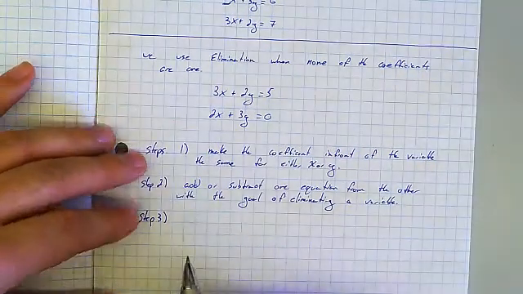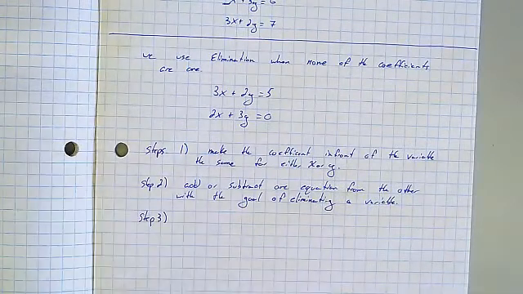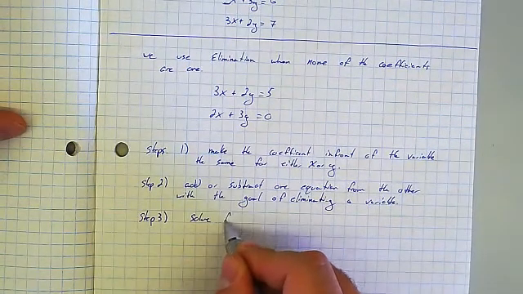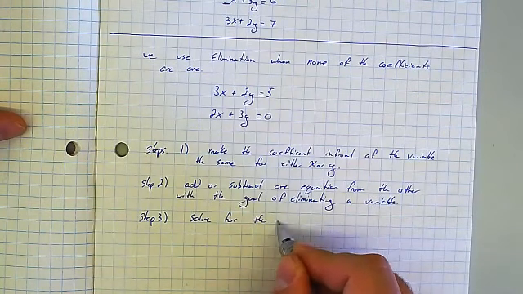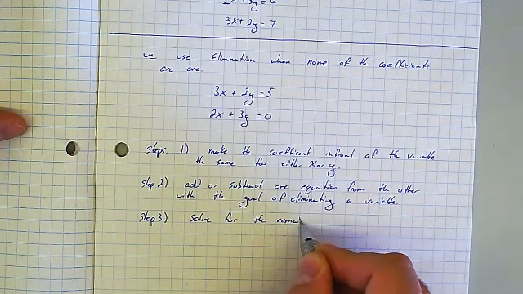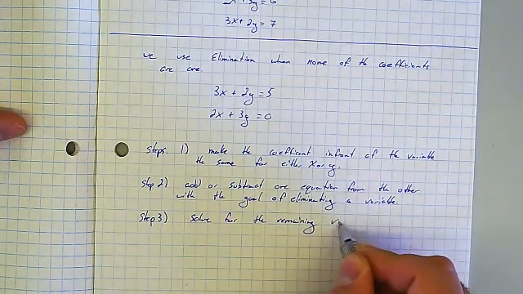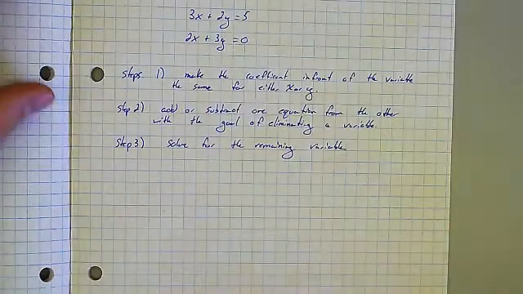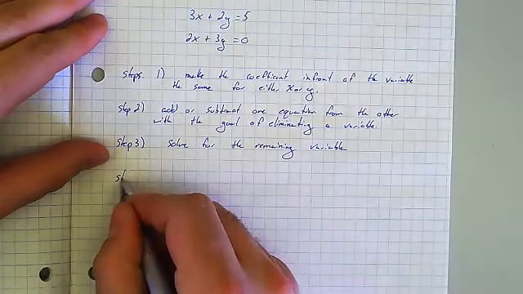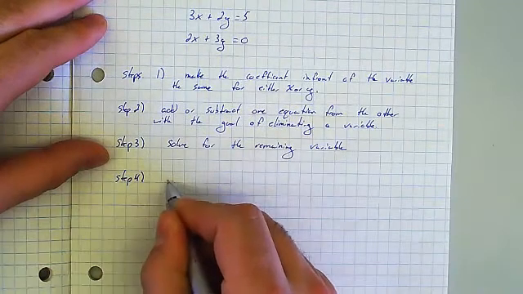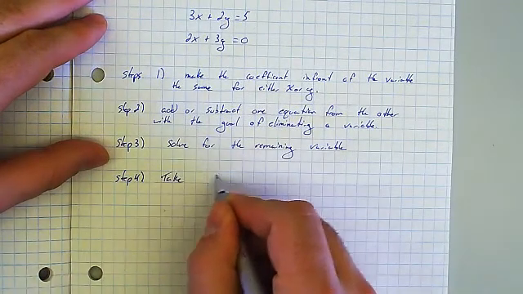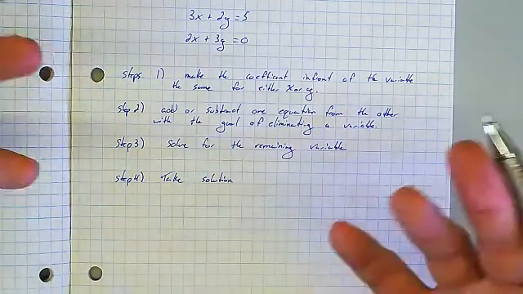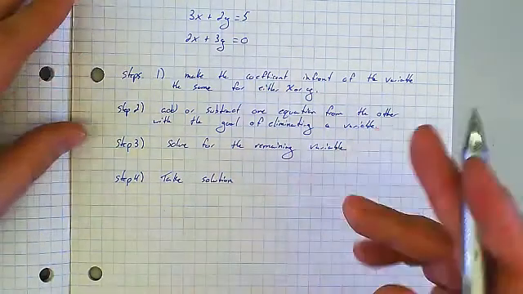For step 3, you're going to have one variable left over, and you're just going to solve that remaining variable. And lastly, step 4, we take the solution from step 3, basically y or x is going to equal something, you pump it back into the other equation.